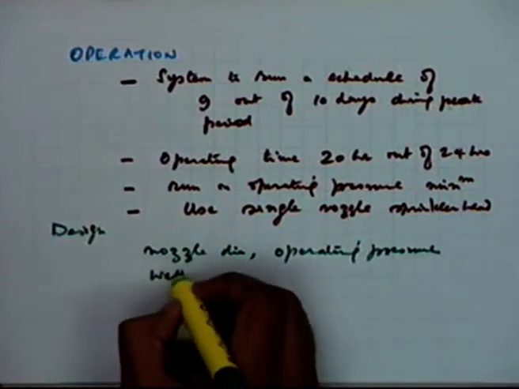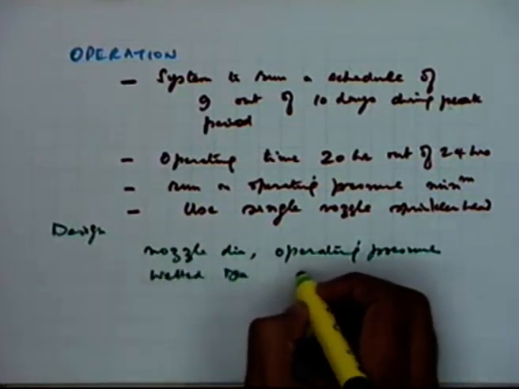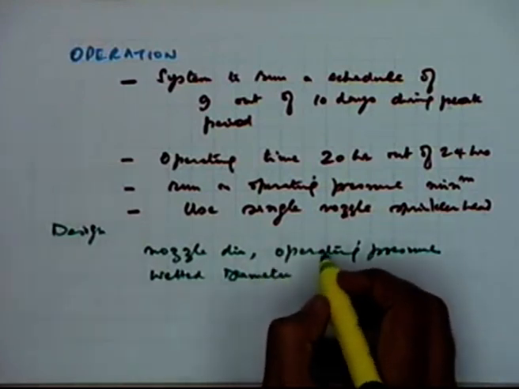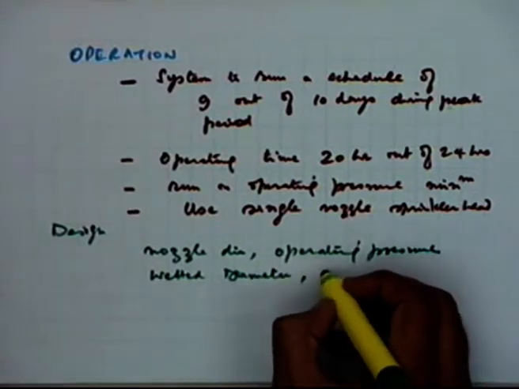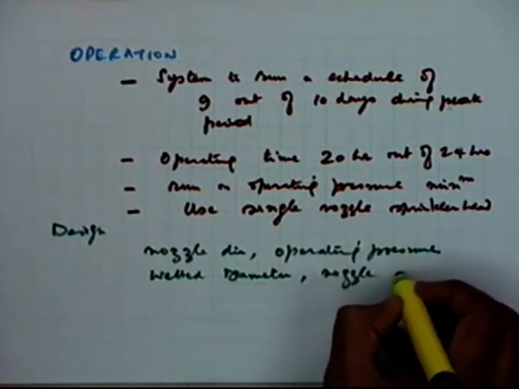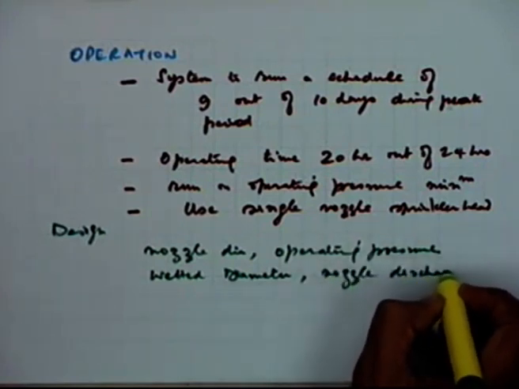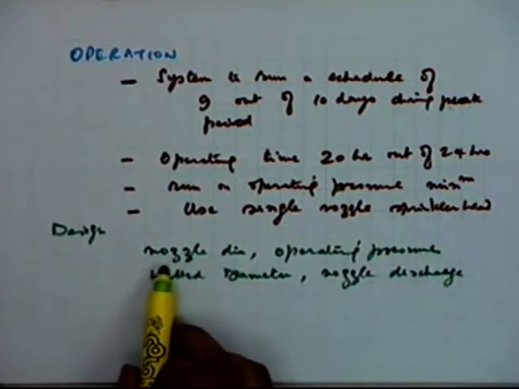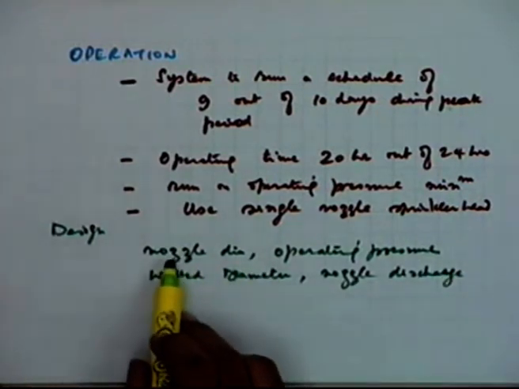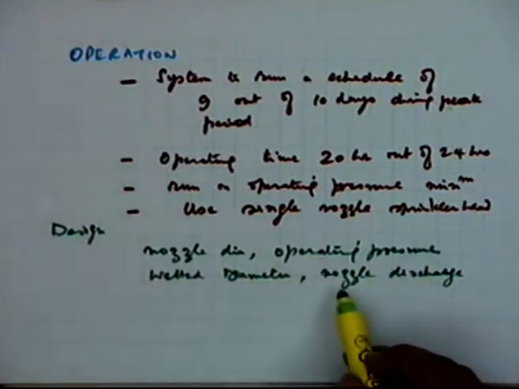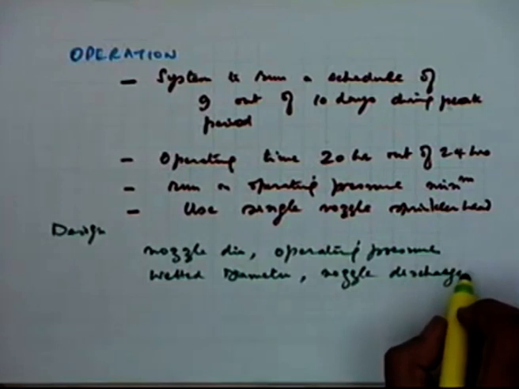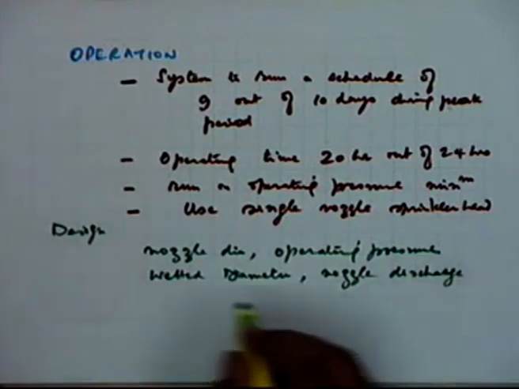What should be the wetted diameter? And the nozzle discharge. Once you have selected the nozzle diameter and the operating pressure, the nozzle discharge can be known. But you are interested in knowing the nozzle discharge also.